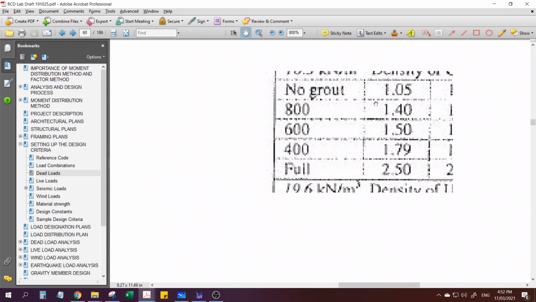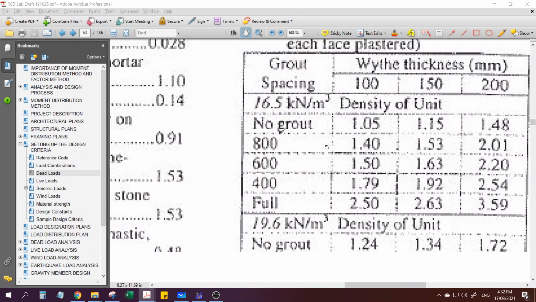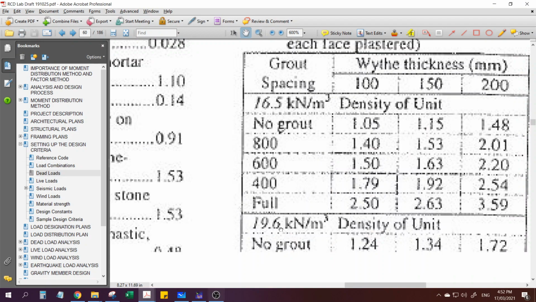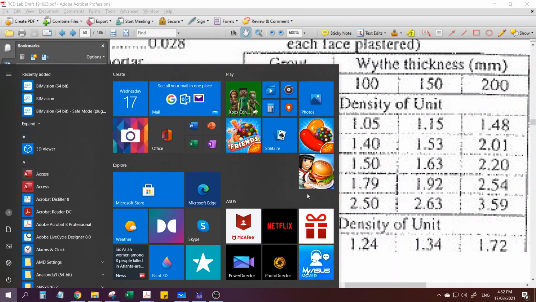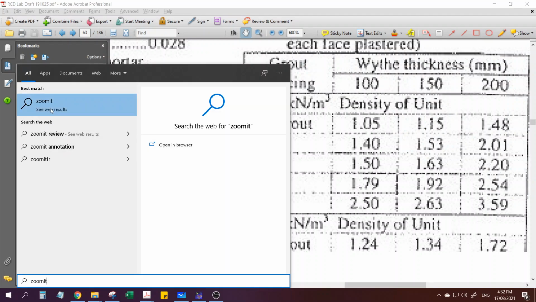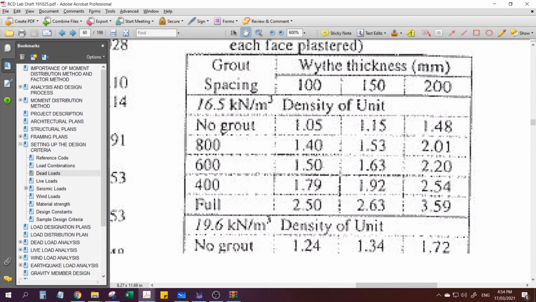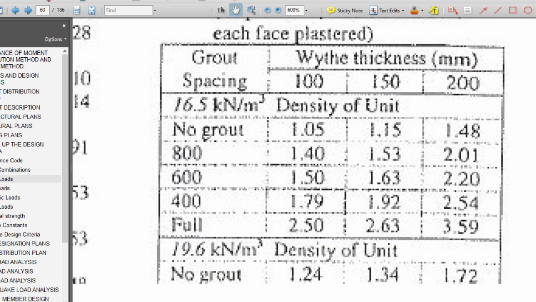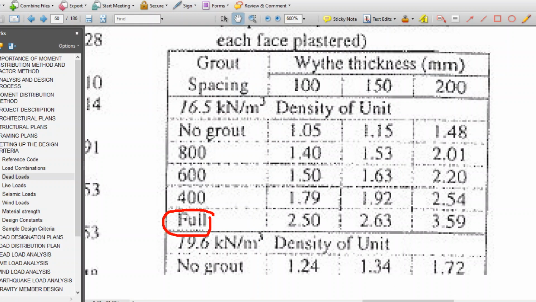Teka, wala yung zoom it ko. Okay, so zoom it. Yan, no? So assume tayo full grout yung CHB natin, say 100 mm thick, 2.5 siya.